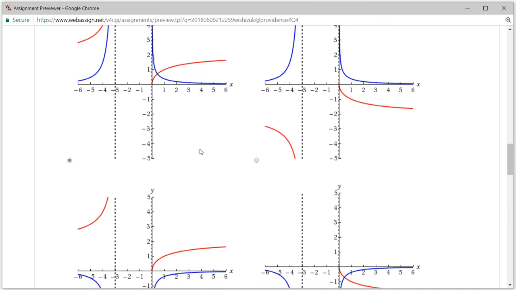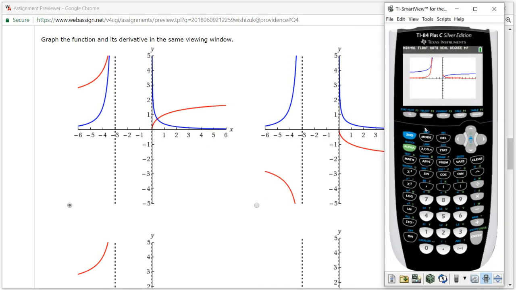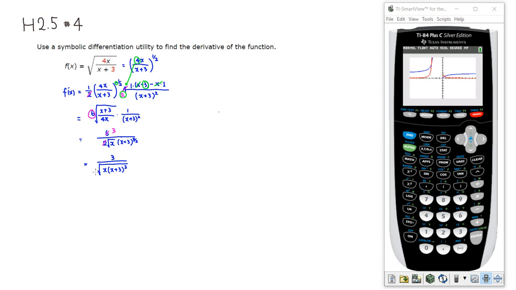I'm going to look at the picture. Derivative is 0, let's see, which one's the derivative? I'm going to open up the graphing calculator. Here, the derivative is the red one. When the derivative is 0, but you can see that if you look at the formula, the derivative is actually never 0.